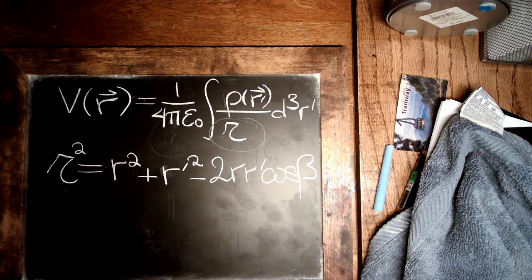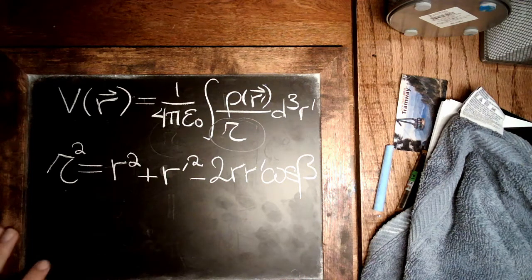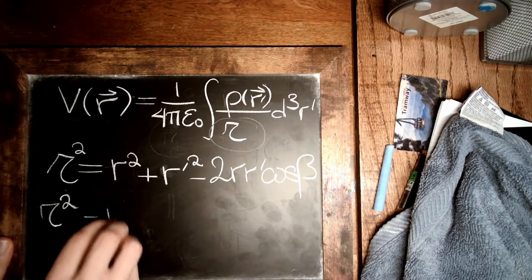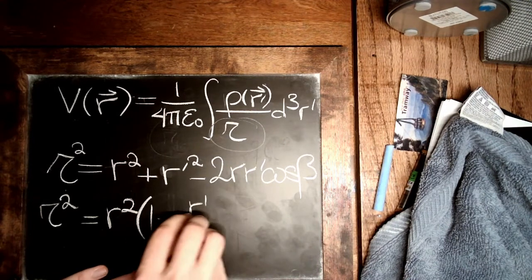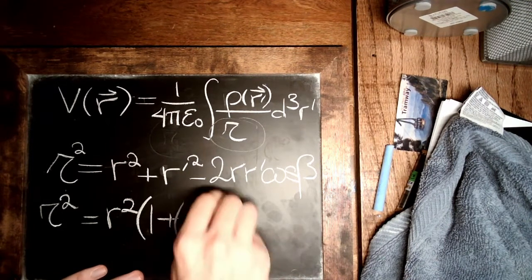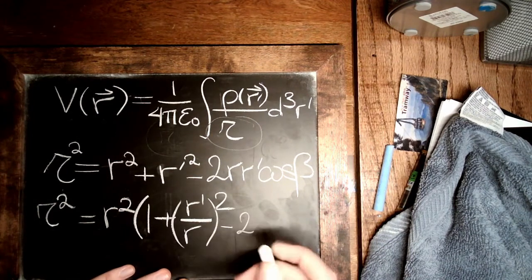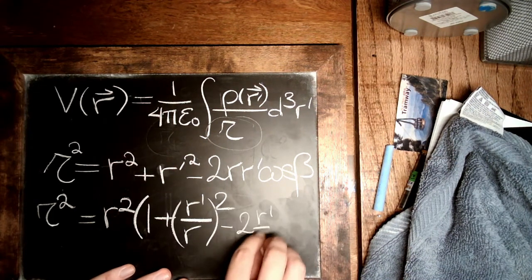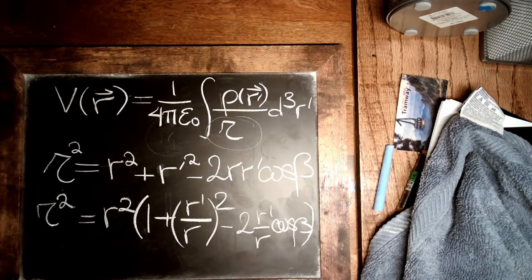So the first thing we can do is simply pull out an r squared from all of these. So you say script r squared is equal to this little r squared times 1 plus r prime over r, quantity squared, minus 2 times r prime over r times the cosine.